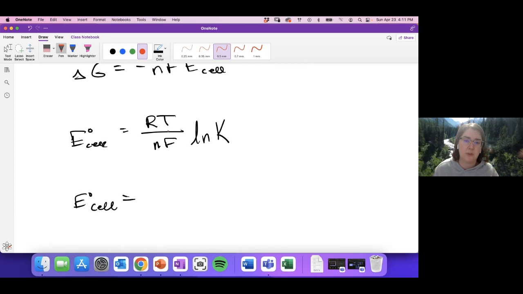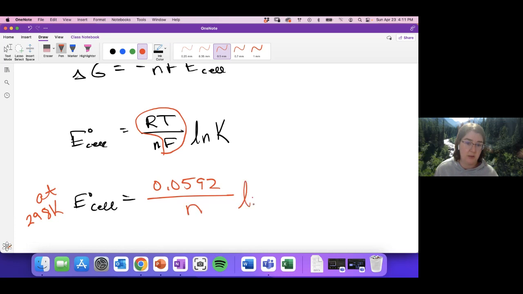And then there's a version of this where, since R is a gas constant and F is a constant, as long as we say that we are at 298 Kelvin, which is typically used for thermodynamics, we can rephrase this as E-cell standard equals 0.592 divided by n times the log of K. A lot of the instructors like this one.